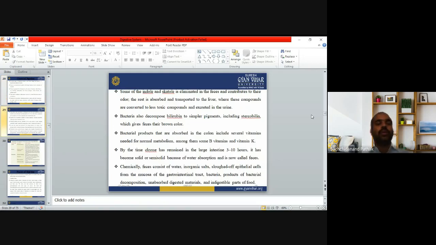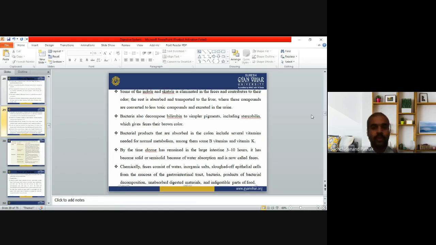Some of the indole and skatole is eliminated in the feces and contributes to their odor. The rest is absorbed and transported to the liver, where these compounds are converted to less toxic compounds and excreted in the urine.